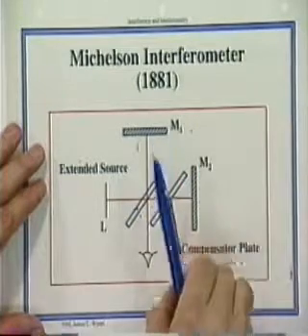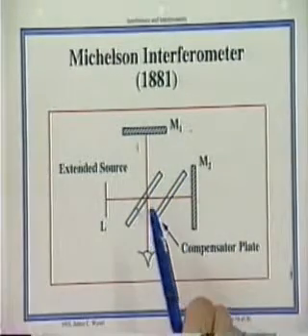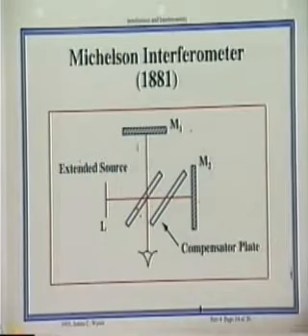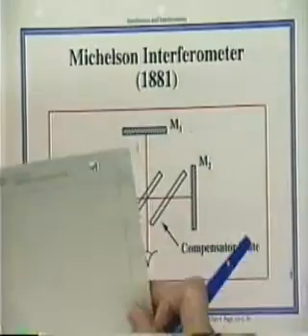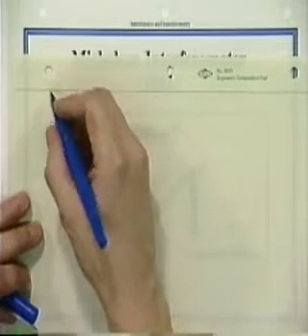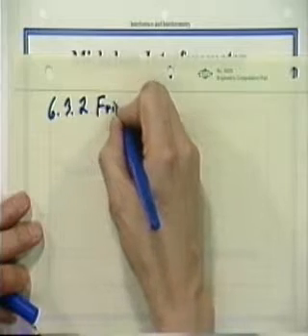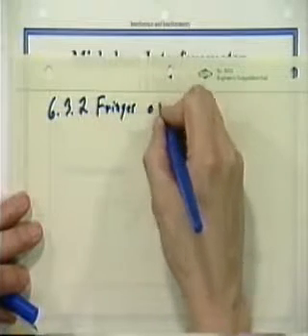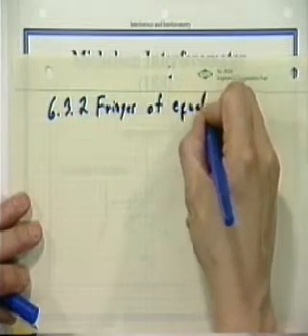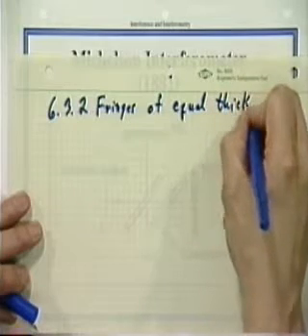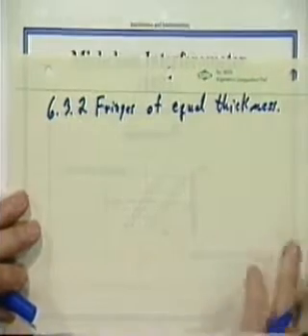And so now the two beams coming out here will come out at different angles. And so this is going to be called fringes of equal thickness. So this is 6.3.2. Fringes of equal thickness.